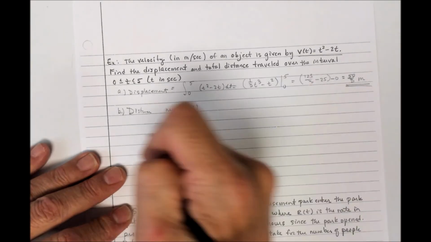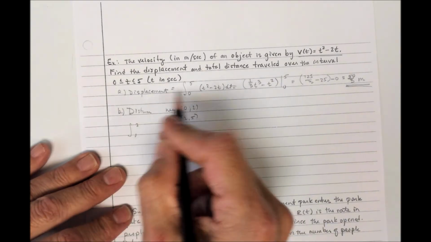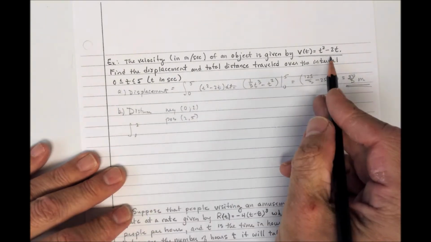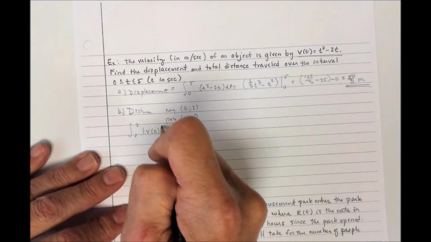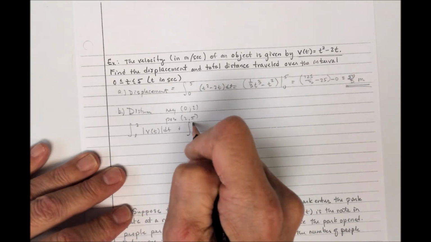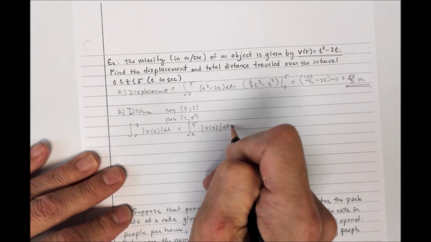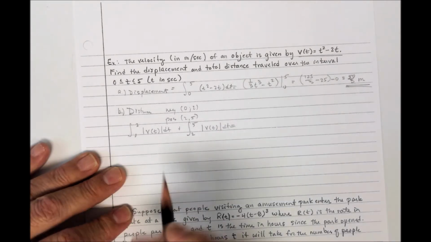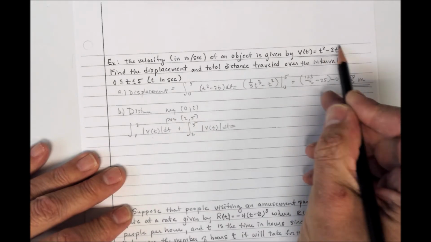I'm going to have to integrate from 0 to 2 of the absolute value of the velocity, and then I'm also going to have to integrate from 2 to 5 of the absolute value of the velocity. Now, which one's which? Well, from 0 to 2, it's negative, so I want to take the opposite of this.